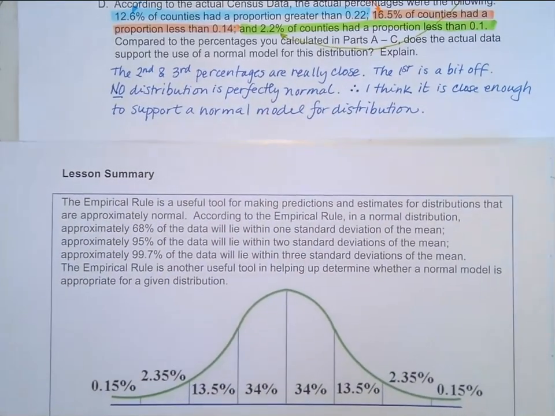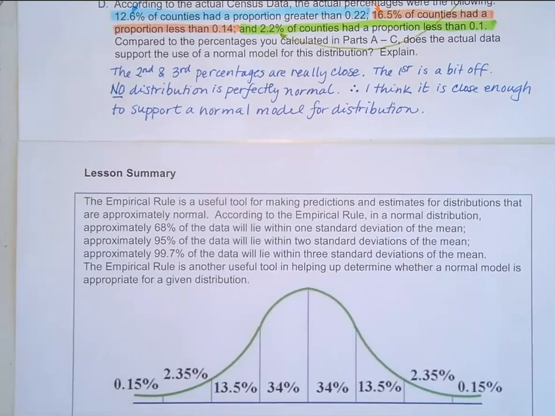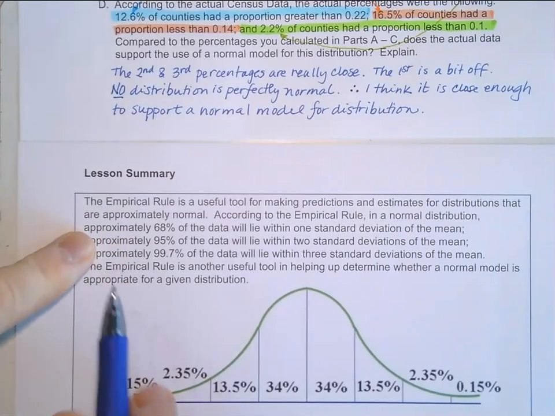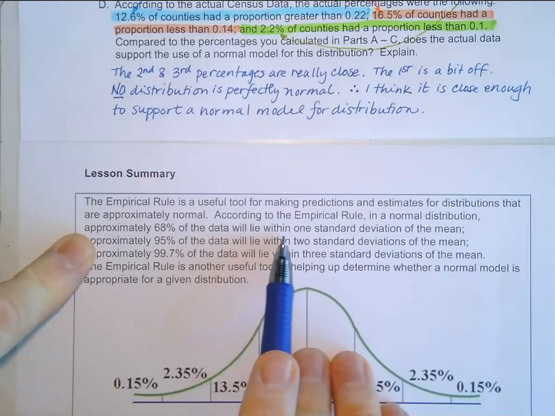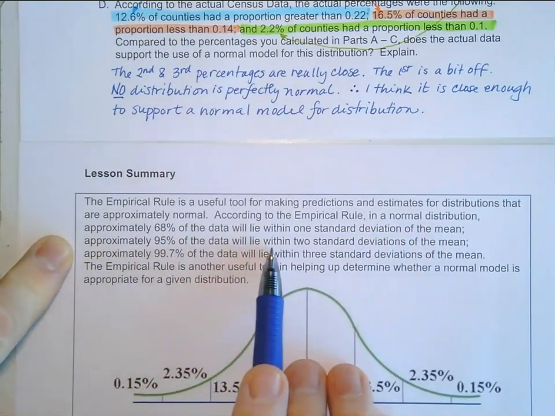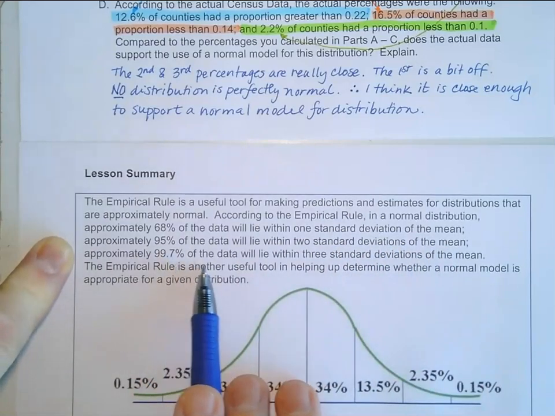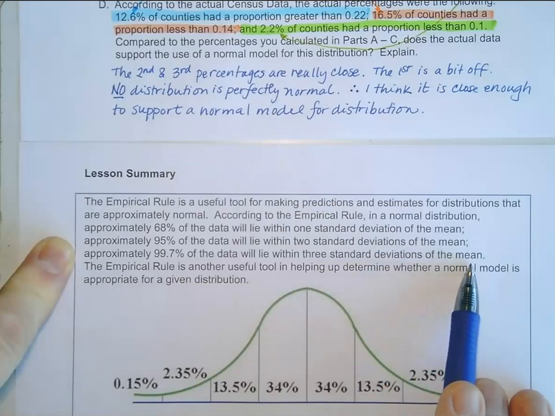And then the lesson summary, you can see here it says the empirical rule is a useful tool for making predictions and estimates for distributions that are approximately normal. According to the empirical rule, in a normal distribution, approximately 68% of the data will lie within one standard deviation of the mean, 95% within 2 standard deviations, and 99.7% within 3 standard deviations of the mean.